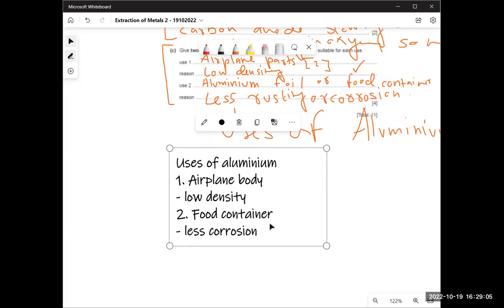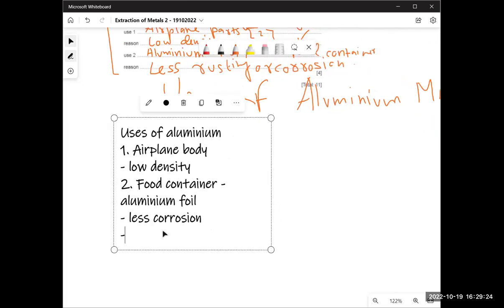For the food container, I understood, but the aluminum foil part, I didn't. All right. Food container is aluminum foil. What is the job of aluminum foil? Aluminum foil contains food, right? To protect heat. Everyone is saying to stop heat loss.